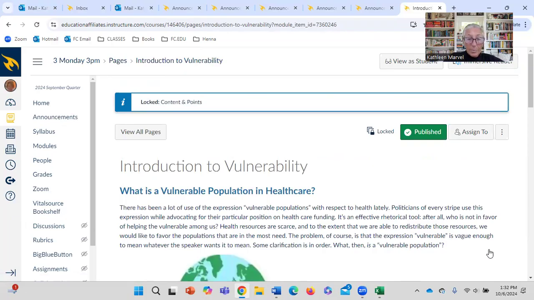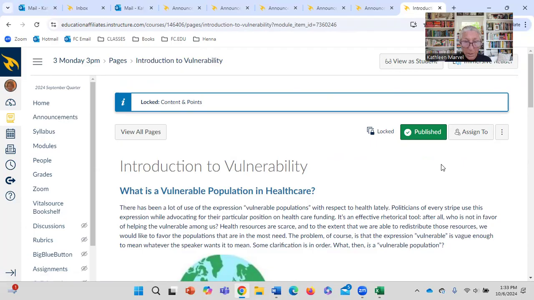Then the last concept is the introduction to vulnerability. There are lots of vulnerable populations in your communities.